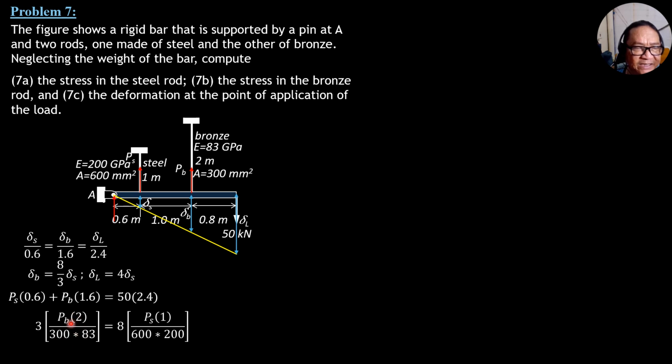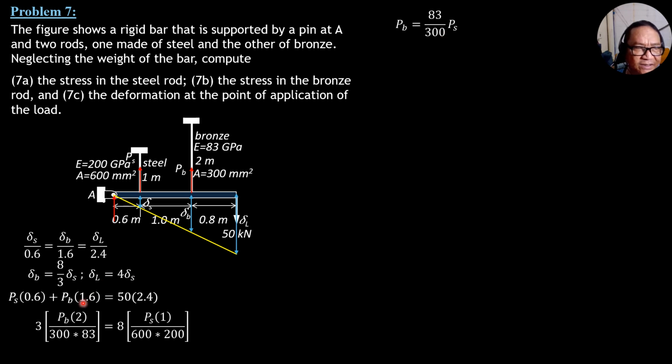So you just make these units consistent with the other side, equals 8 times deflection of the steel rod, force in the steel rod, length of steel rod 1, area 600, E 200. So from here we can express force in the bronze rod in terms of the steel rod, and it is 83 over 300 force of the steel rod.